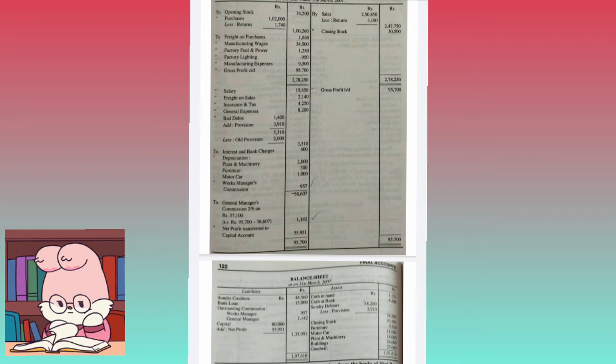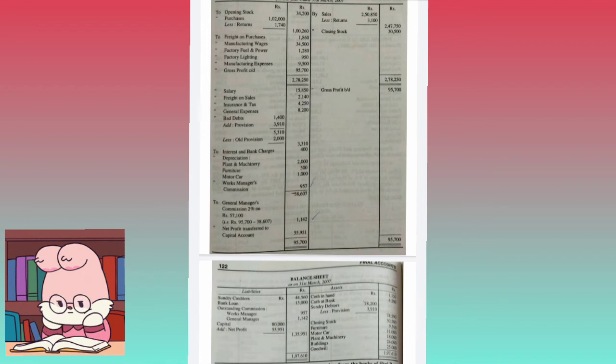Okay, 95,700 plus 2,000. See, how did I do this? 95,700 is the gross profit, and the credit balance of provision for bad debtors, that is 2,000, right? 97,700 minus salary minus freight on sales, insurance and tax, general expenses, bad debts provision 3,910, interest and bank charges and depreciation on all items will come, and manager's commission 957.